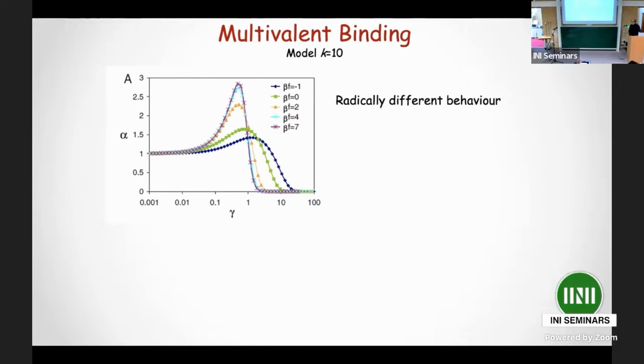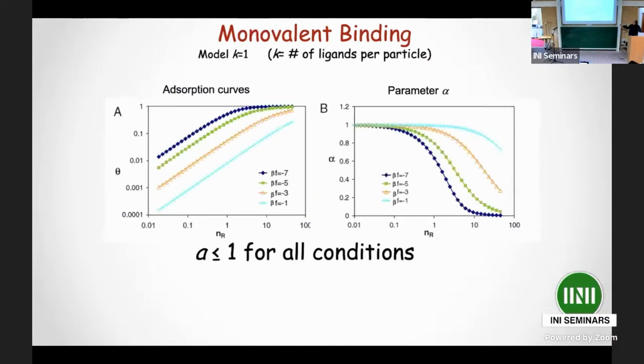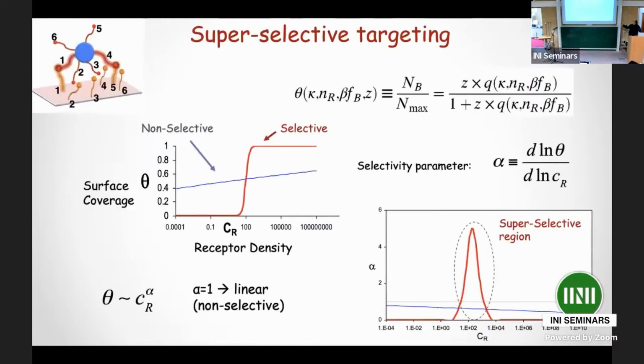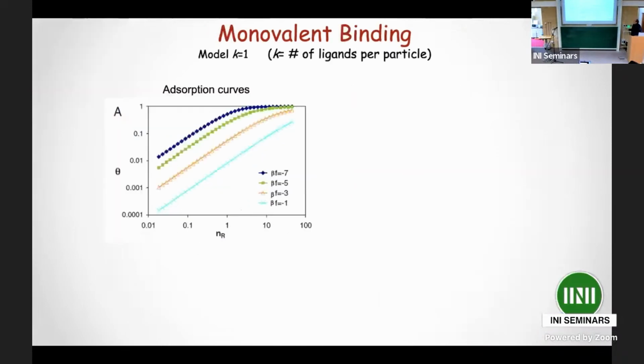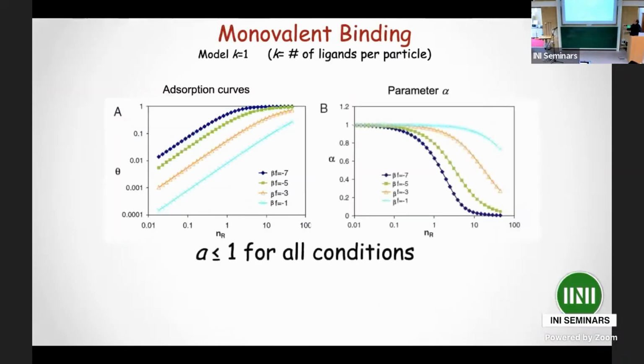Sorry, is this some simulation or is this the analytic model? This is the simulation, but you can get this behavior with the analytic model that I showed you. This is the partition function, and you have a model for this partition function. If you assume independent binding, I mean, you have to make some assumption, and you can do an analytic model which very much agrees with this.